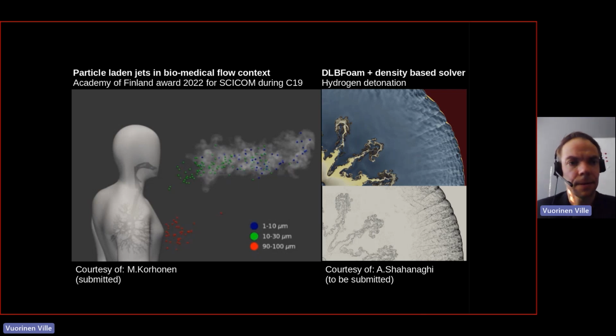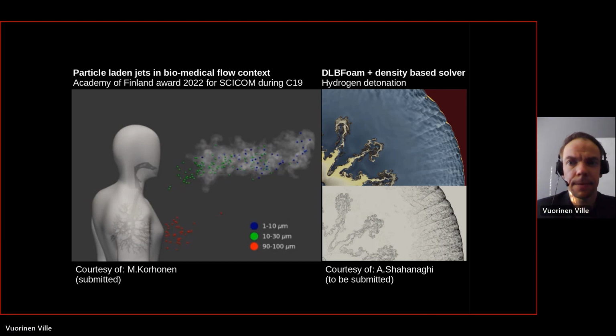And in fact, I was honored to receive the Academy of Finland Award for science communication during COVID-19 on usage of CFD methods to illustrate how viruses are airborne and transmit in the air. And on the right, you see also work in progress to be submitted, a combination of DLBFoam with a density-based solver.